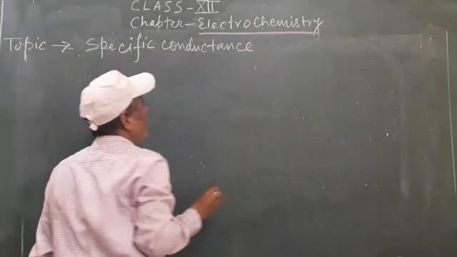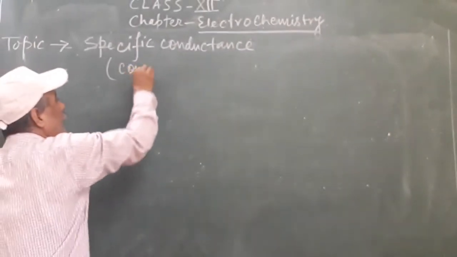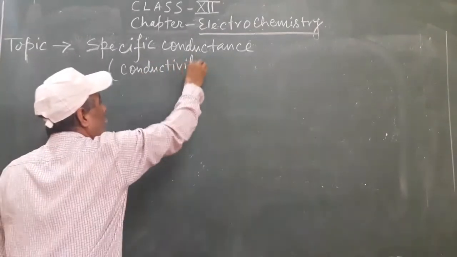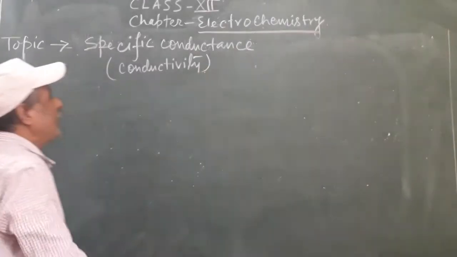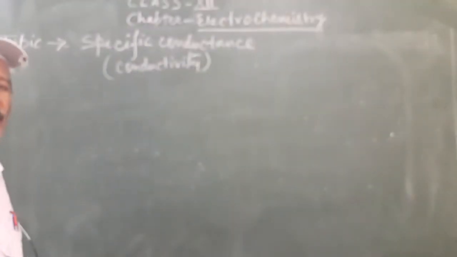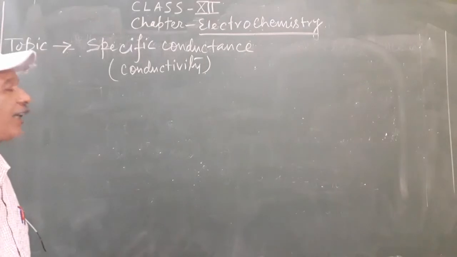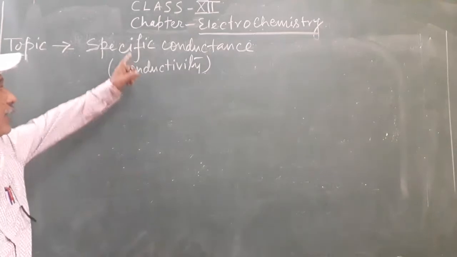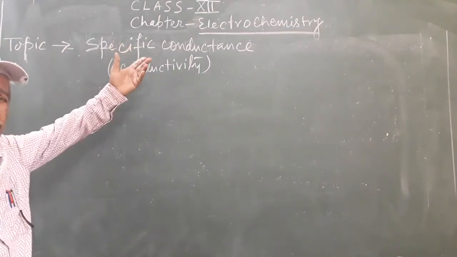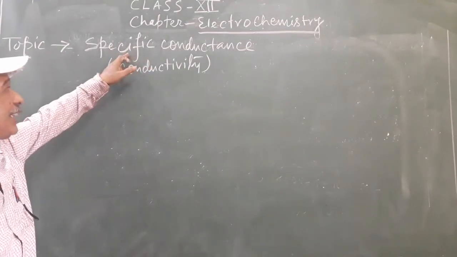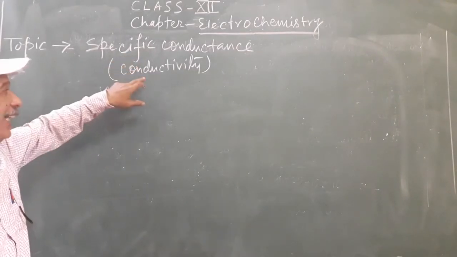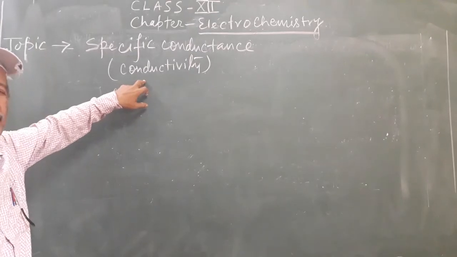A specific conductance or conductivity. Either you call it a specific conductance or you can call it conductivity. Correct? So in this way, traditionally, not as a rule, this name is very much popular in chemistry and this is very much popular in physics.